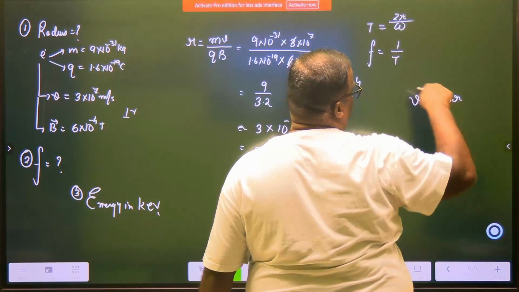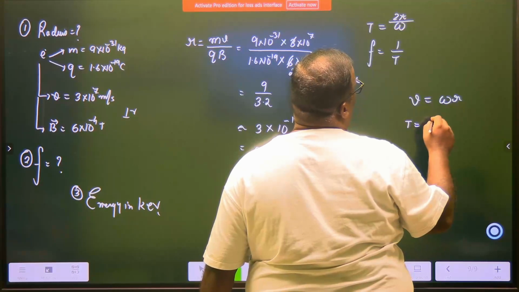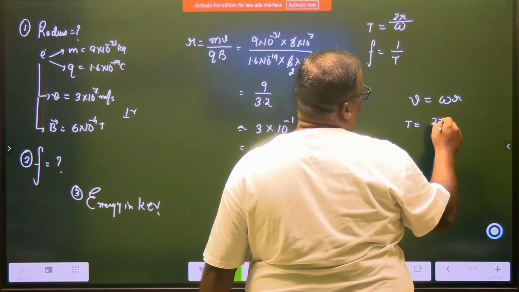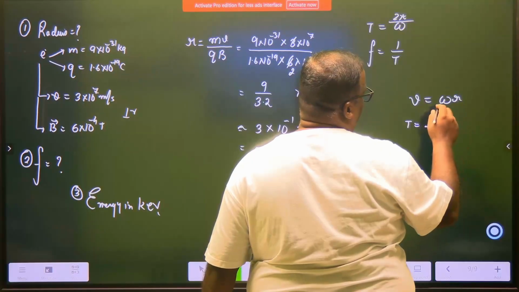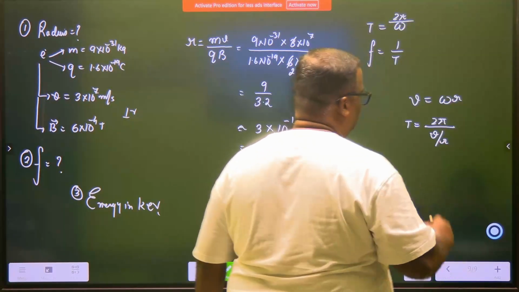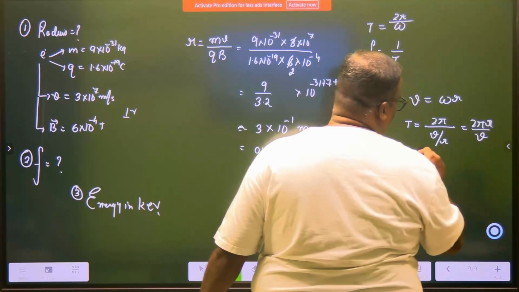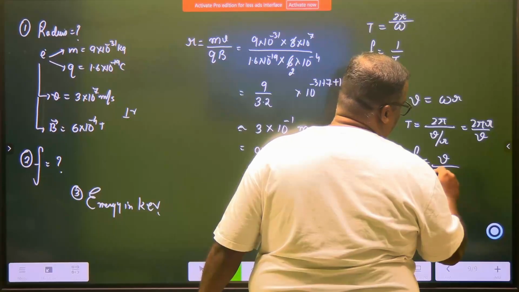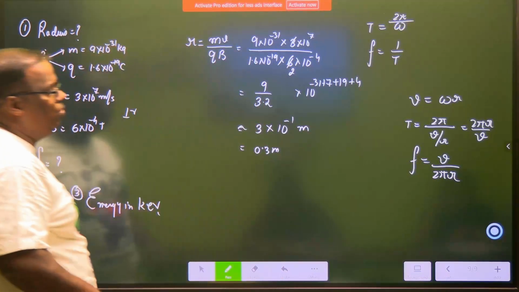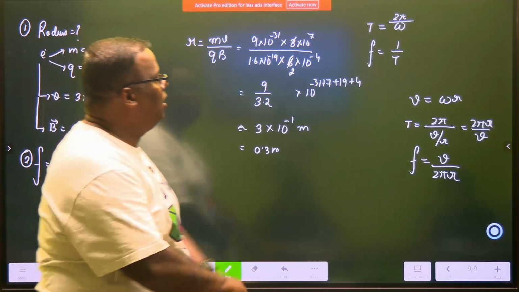V is equal to omega R, so T becomes equal to 2 pi by omega, that is 2 pi R by V. So T is equal to 2 pi R by V, and f is equal to V by 2 pi R. Check whether we know all the data. We do know all the data, so you'll be able to solve. Did you understand this?